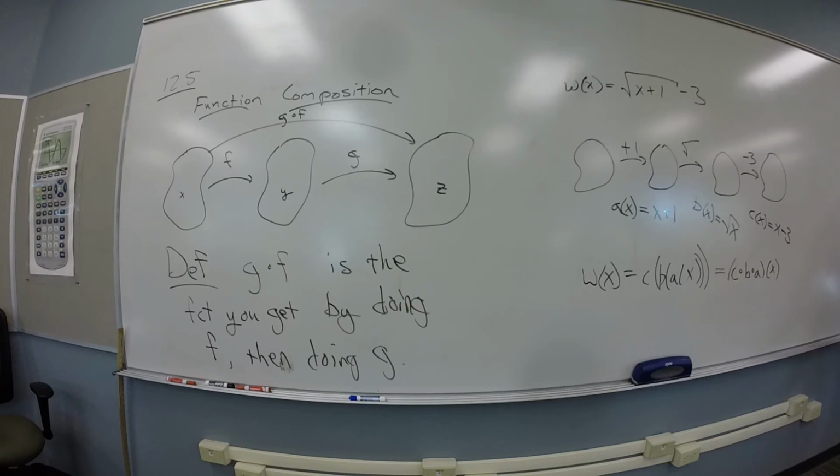If you've got two old rules and you want to name the rule that you get out of doing one and then the other, this is just a nice convention for that name. Otherwise, you'd have to write a little paragraph explaining which one you do first and then second. Now I've just got a nice symbol, so I can say, this is C composed with B composed with A. Bam, done. Cool.